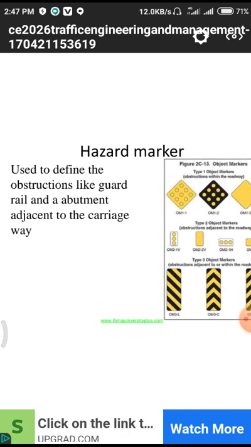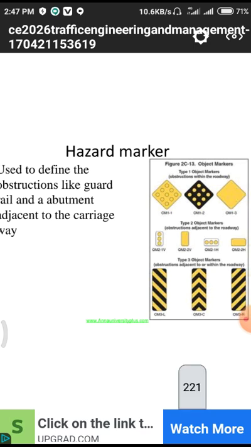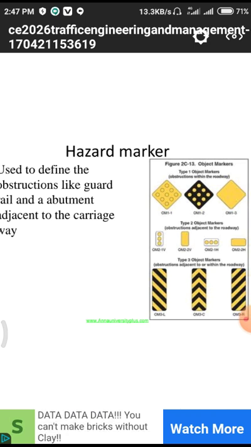They are used to define obstructions like a guard rail and an abutment adjacent to the carriageway. Without knowing them, if we simply keep moving, we will automatically collide with these guard rails, abutments and carriageways, so we have to observe these hazard markers.